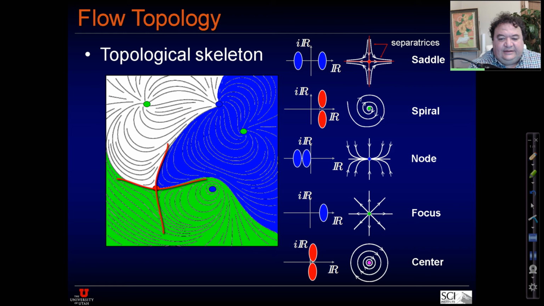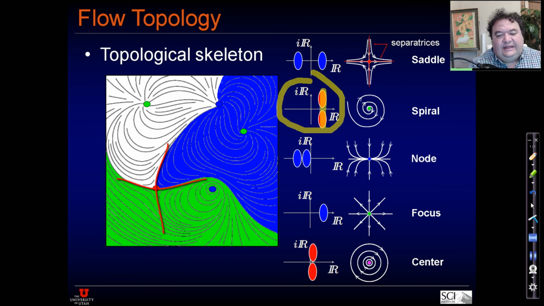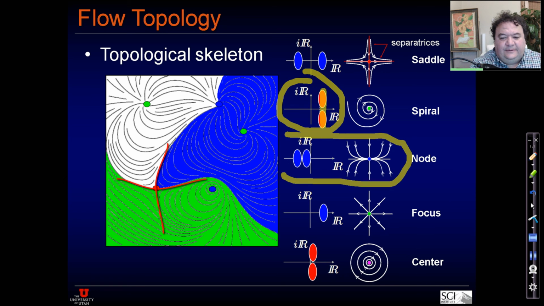If you look at a spiral, then the 2 real components are the same, so the 2 eigenvalues are on top of each other in this complex plane, meaning they have opposite imaginary terms, same real component. In a node here, since it is a sink, you have 2 negative real numbers, no imaginary components, but the 2 real terms are not coincident. And here this focus is a source, so no imaginary term, and the 2 real ones are coincident.